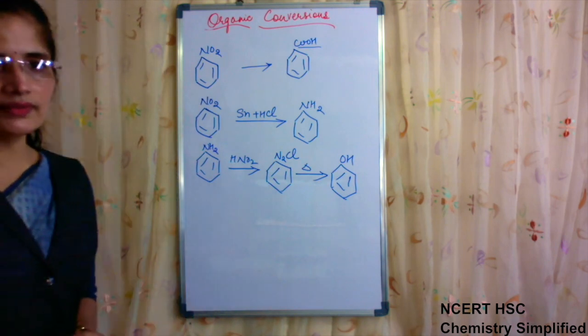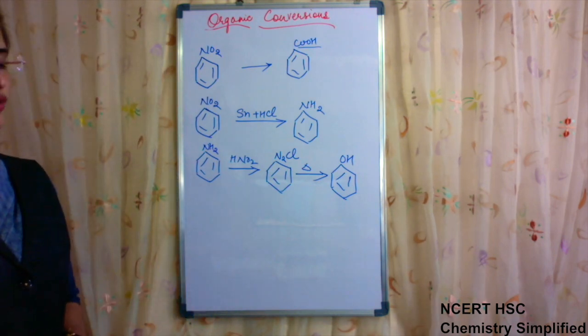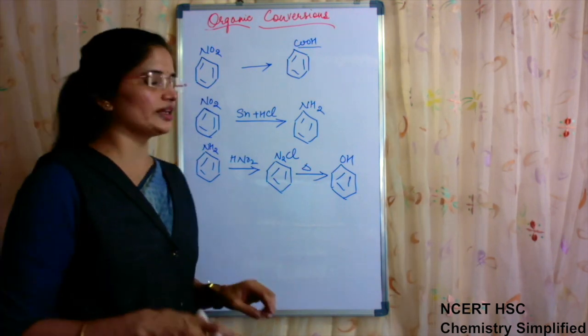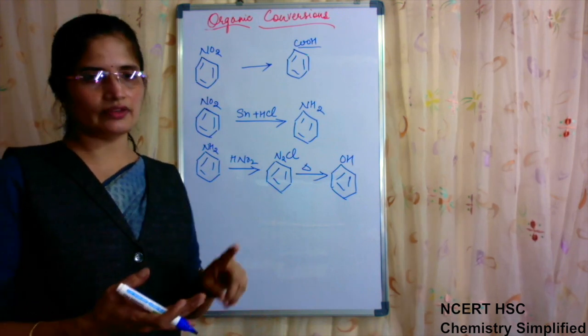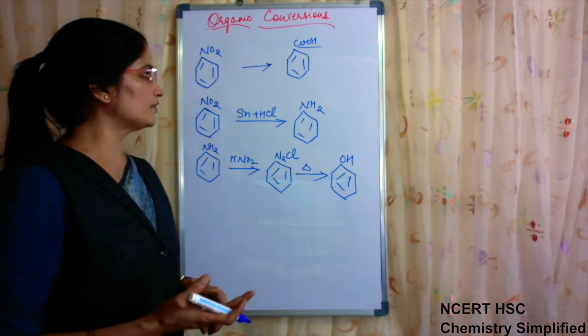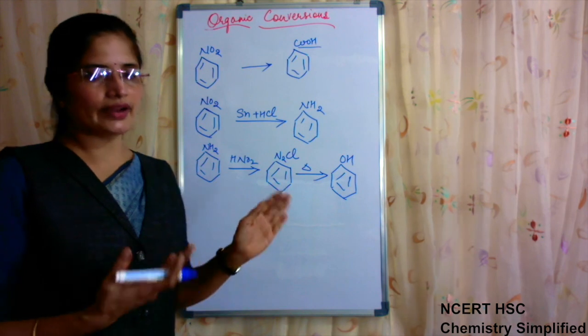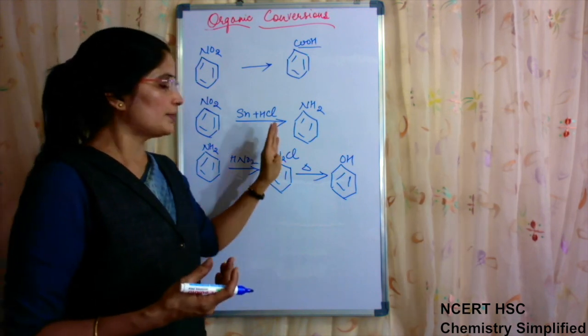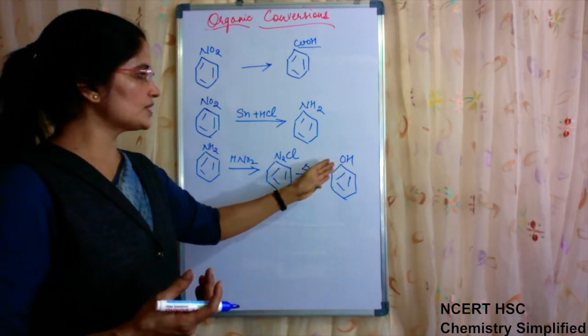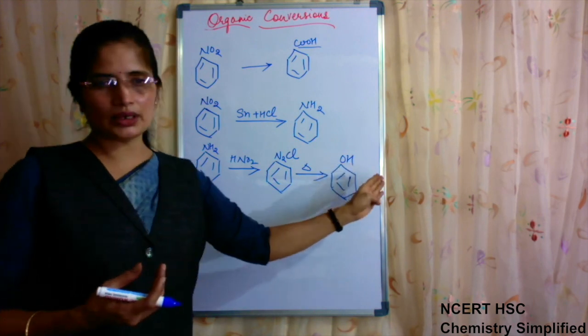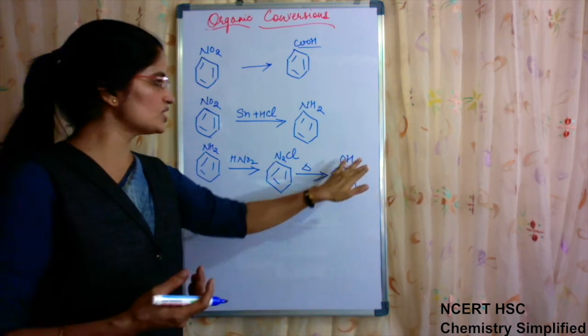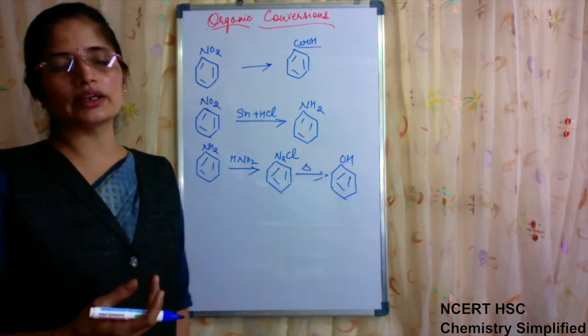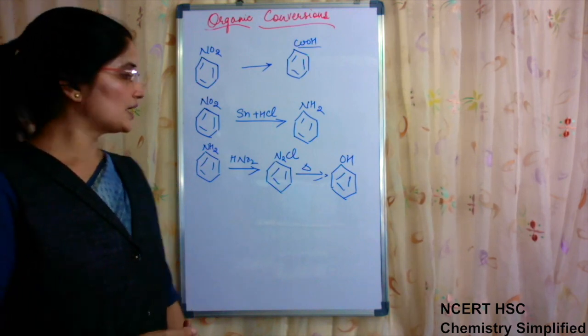So whatever conversion we have to do, we have always to remember that we require either halo derivative or alcohol derivative or acid finally we have to obtain. Now the problem with these compounds is this, that directly this OH cannot be converted into halogen derivative because benzene ring compounds do not give nucleophilic substitution reaction.